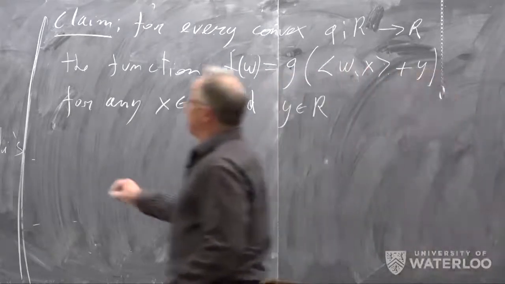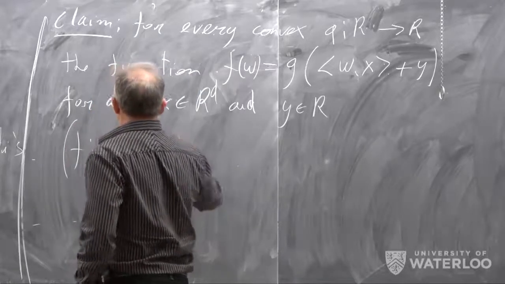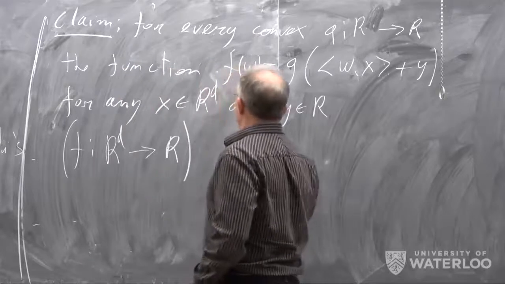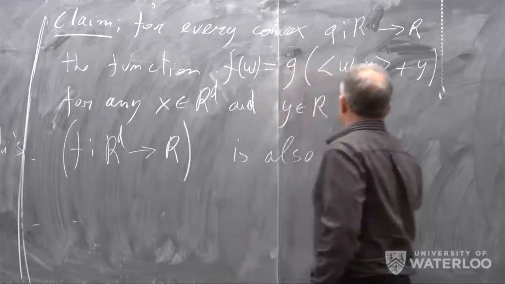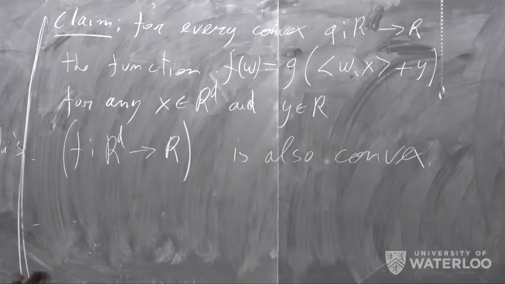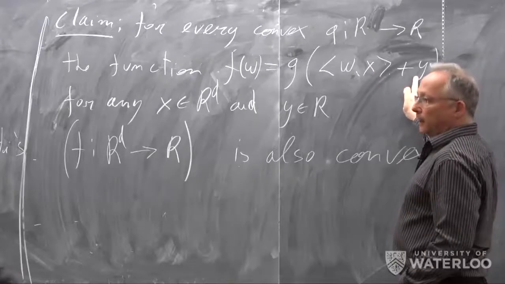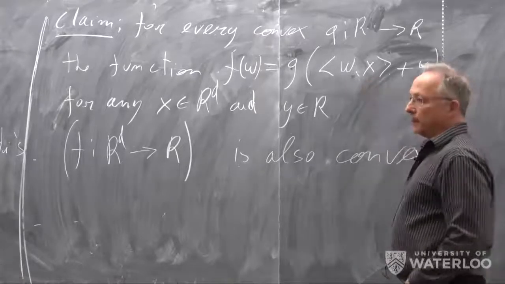So f is a function that goes from Rd to R. Is also convex. Okay, so what do I get here? I fix parameters x in Rd and y in R, and I take the dot product and add y.